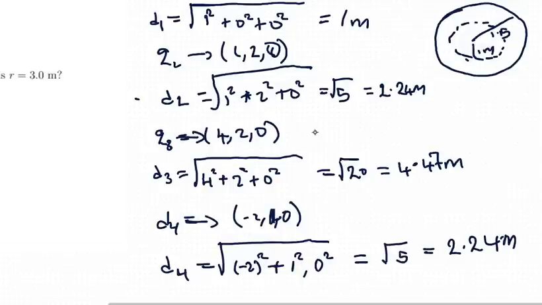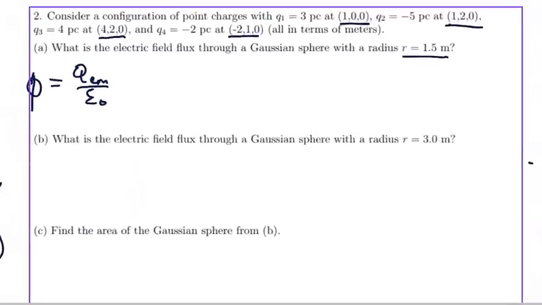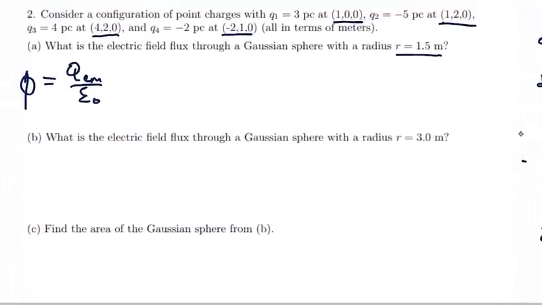So let's solve for the flux. We have that the flux is Q enclosed over epsilon naught, and the enclosed charge is only Q1, which is 3 picocoulomb, and this will be equal to 3 times 10 to the power negative 12, divided by epsilon naught.